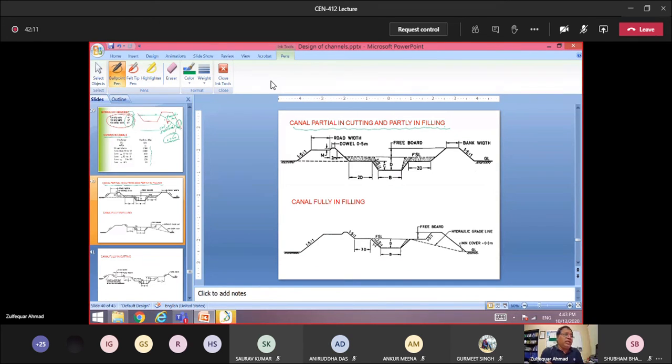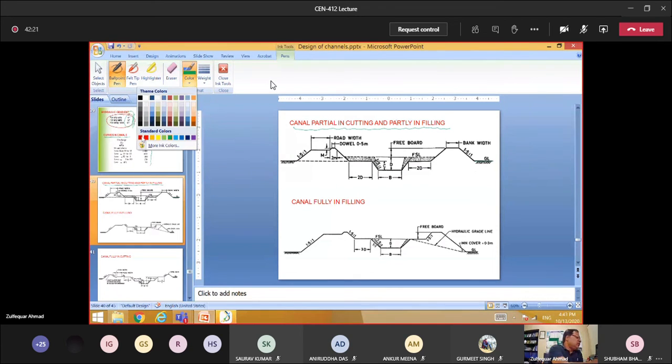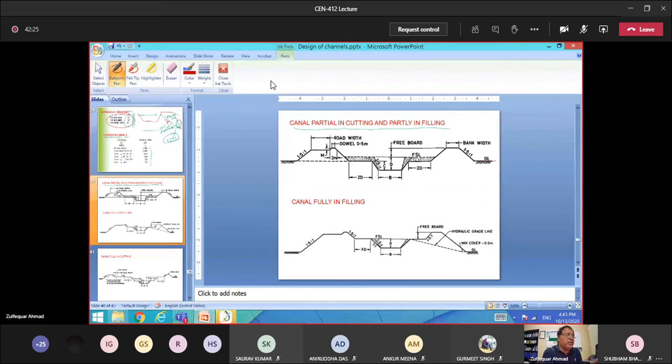So a part of it is in filling and a part of it is in cutting, right? And your ground level is here. You can see, follow my pointer, this pen here. Ground level is here, right? The canal is here. Now you can see this canal is constructed like this.